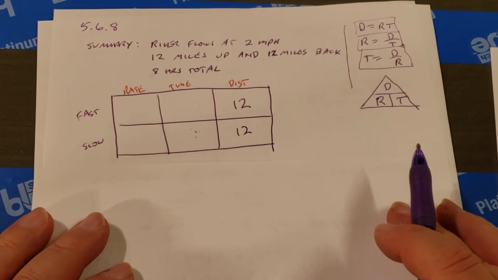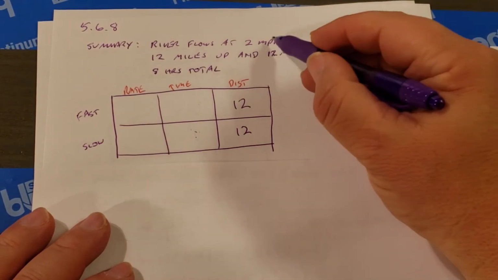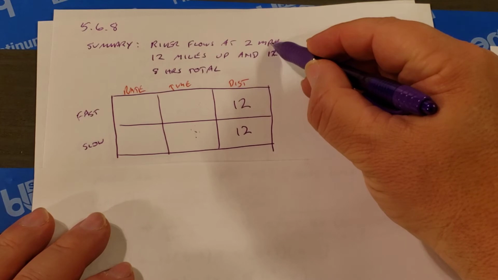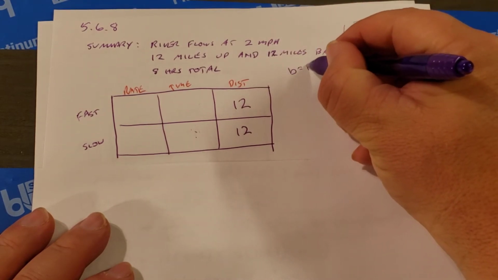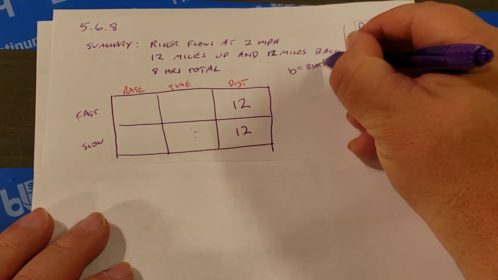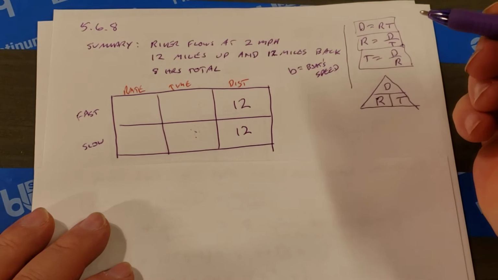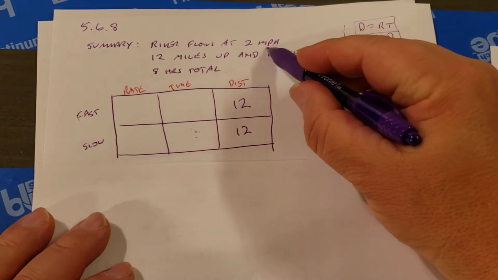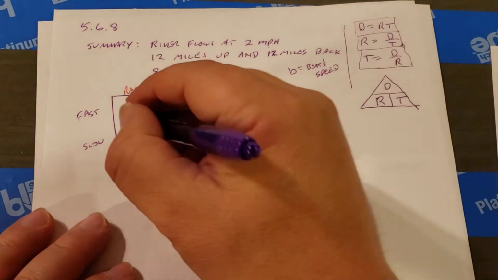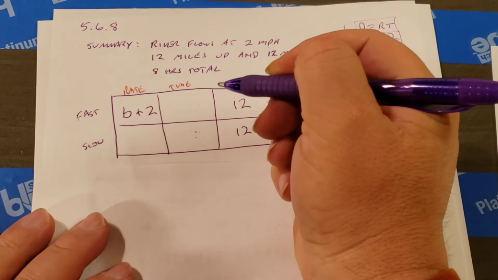But how about the rate? We already know the river speed. What we don't know is the boat's speed. So we're going to call the boat speed B. And what is the rate? The rate is going to be the boat's speed, the fast rate, boat speed plus 2.